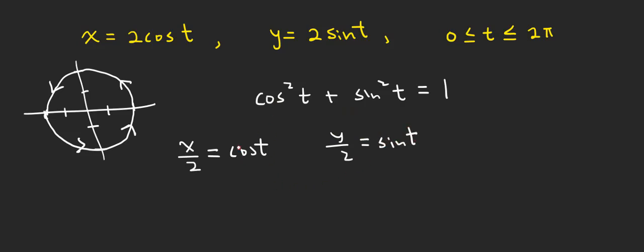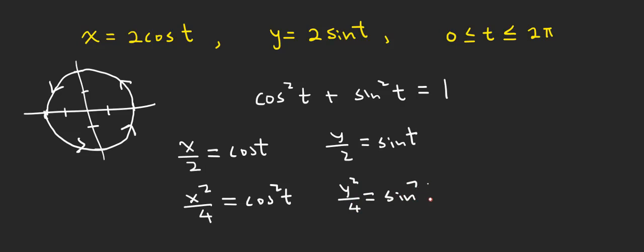So when you square both sides, you're going to get x squared over 4 equals cosine squared t, and y squared over 4 equals sine squared t.